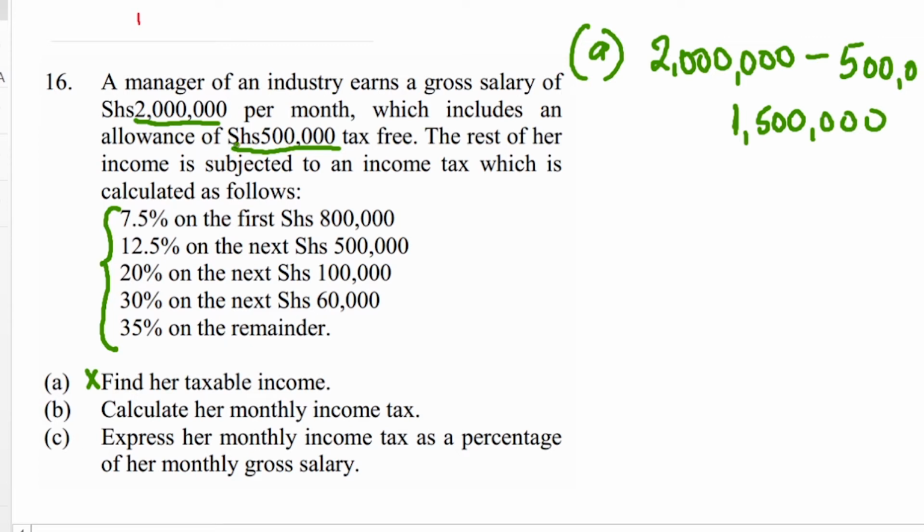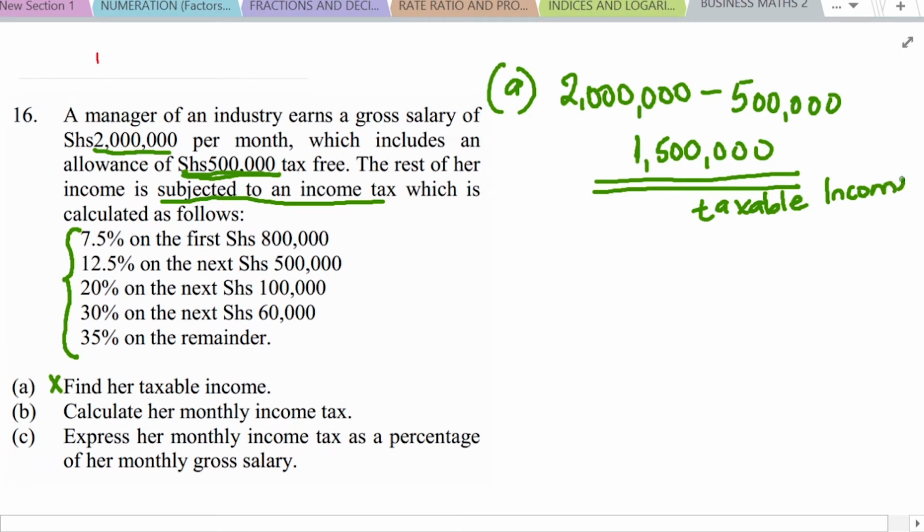Because this question says that the 500,000 is tax-free, the rest of her income is subject to an income tax. So if this 500,000 is tax-free, what remains is what is subject to income tax, and this is what we call taxable income. So that is part A for you. We have answered part A.